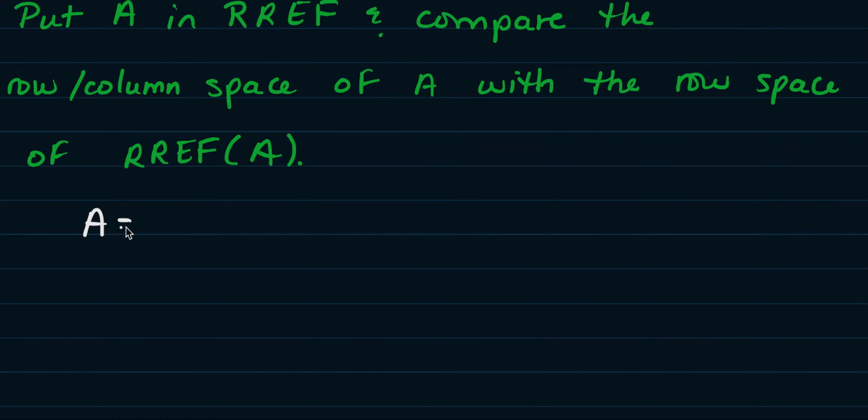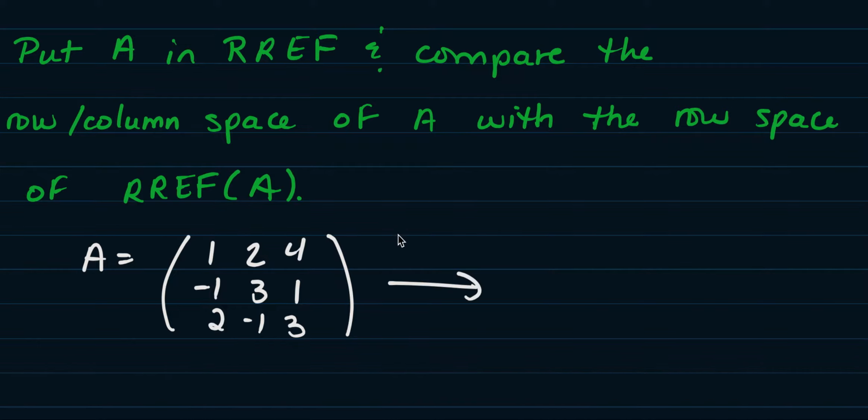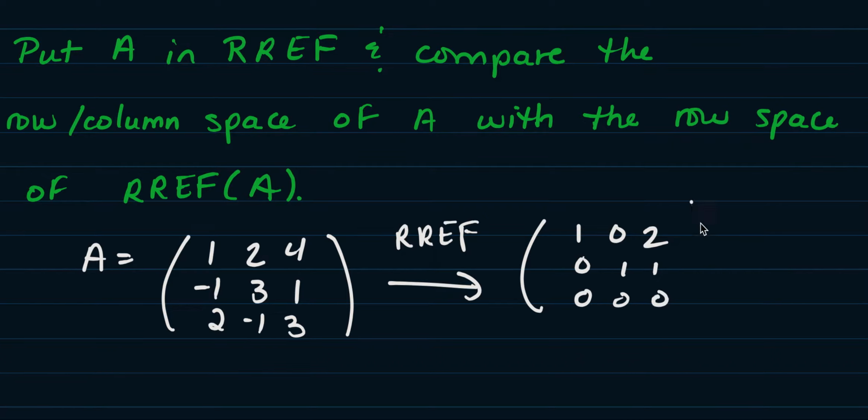So we said A, which is 1, 2, 4, -1, 3, 1, 2, -1, 3. If we put it in reduced row echelon form, which we've done, we saw that this was equal to 1, 0, 2, 0, 1, 1, 0, 0, 0.